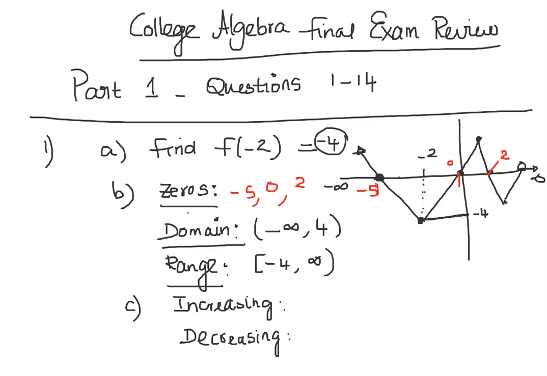So it's increasing from -2 to 1, and again it's increasing from 3 to 4. So make sure you know how to identify the increasing and decreasing here.